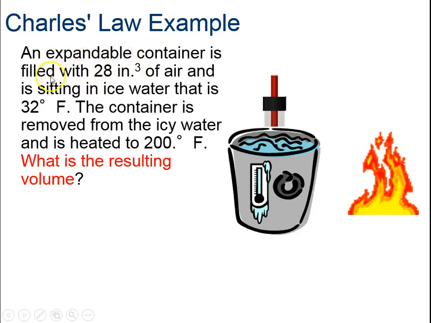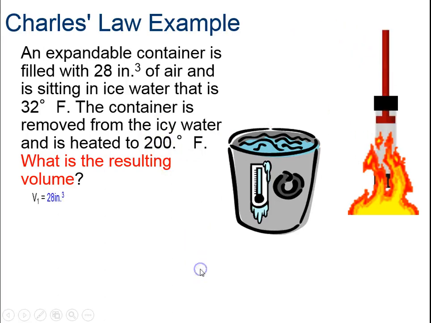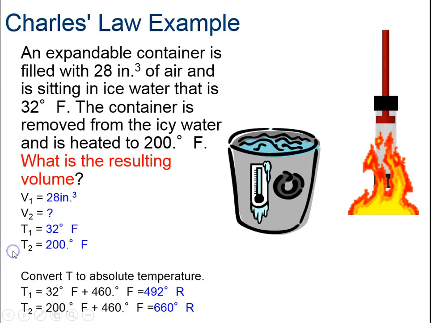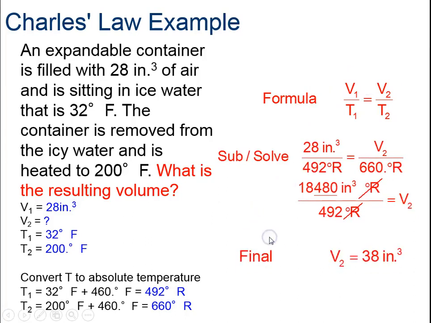Here's our initial volume and initial temperature, and our final temperature. You need to be careful that you write these numbers down carefully, keeping track of which is initial and which is final. You do have to convert them over to absolute temperatures. Once you've done that, you're ready to plug them in your formula. We're literally again plugging in volume and our absolute temperatures into the formula and solving for the missing variable.